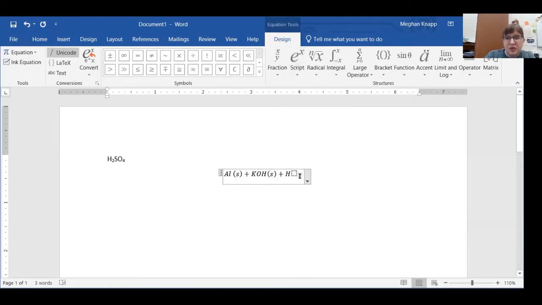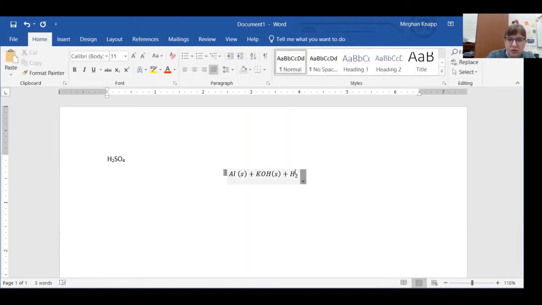This is something that I always do on here: you want to put your H inside that box. So I'm going to put the 2 here, put my H inside this box, and get rid of my other H. Then I just need to make sure I'm outside of that box when I go on with my O. Oops. Liquid.